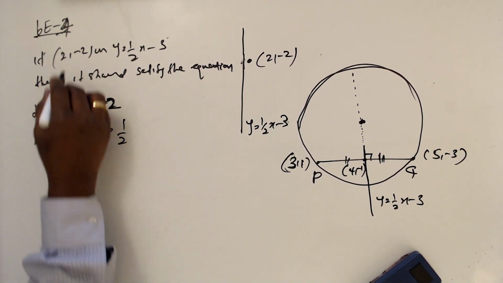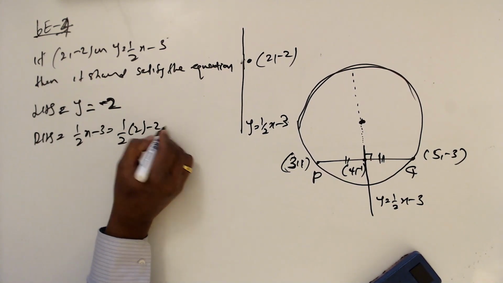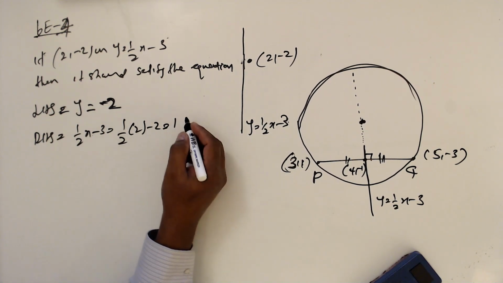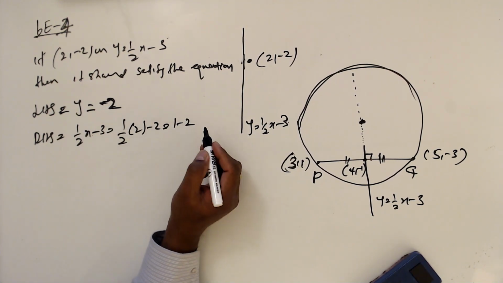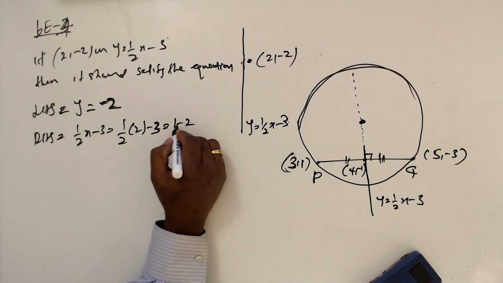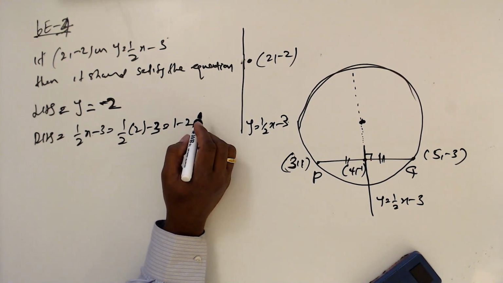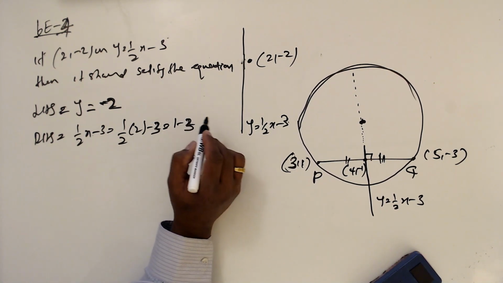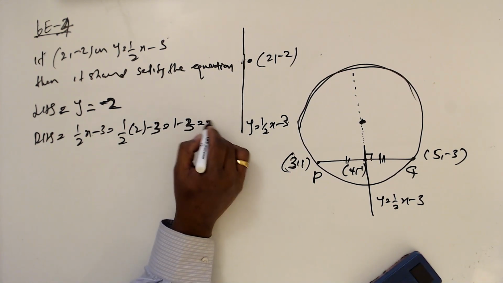Half times 2 is 1, minus 3, which is -2.